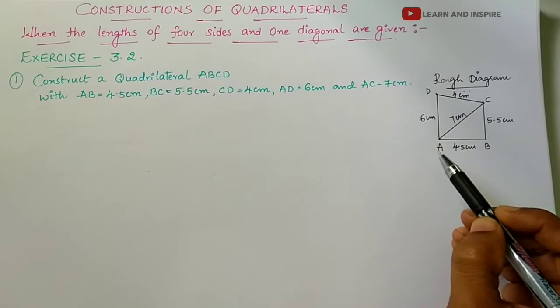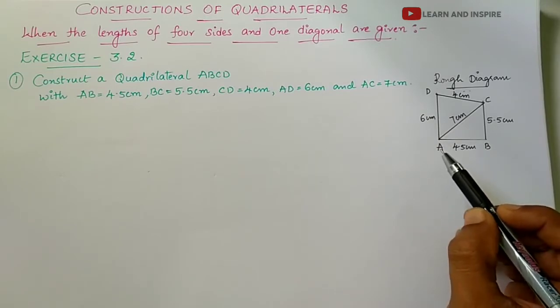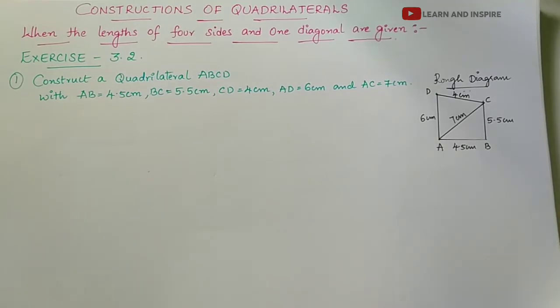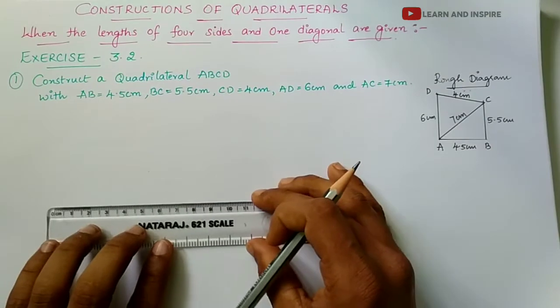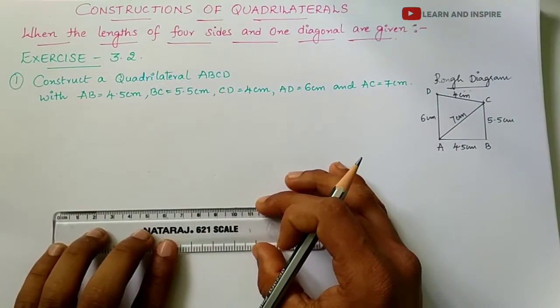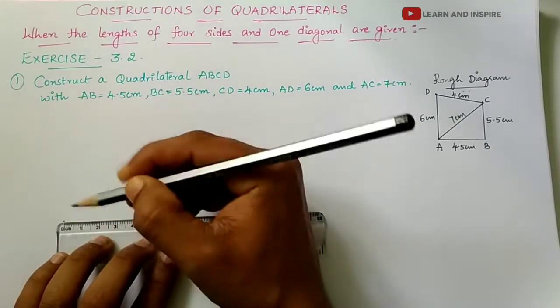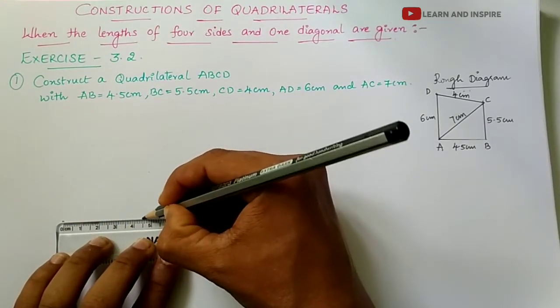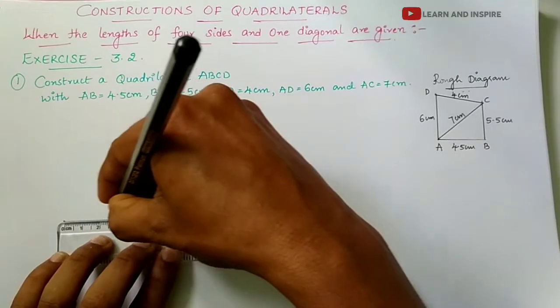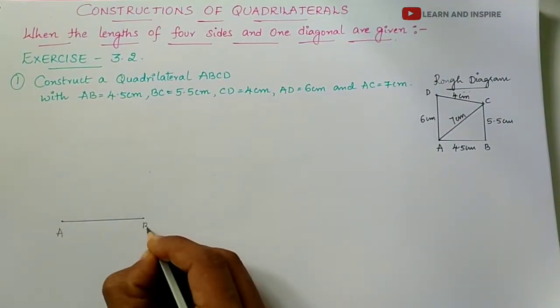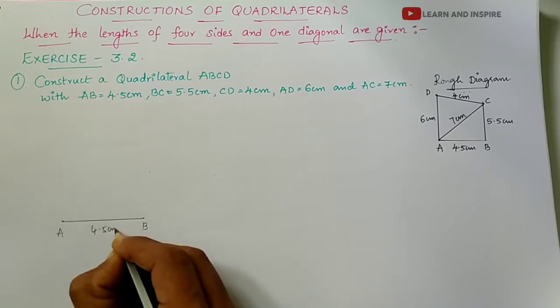So let's start. The first step is to draw a line segment AB equals 4.5 centimeters. So first we draw a line segment AB equals 4.5 centimeters. So this is AB, 4.5 centimeters.